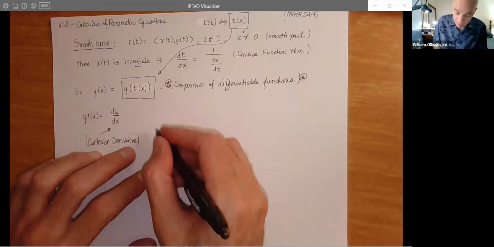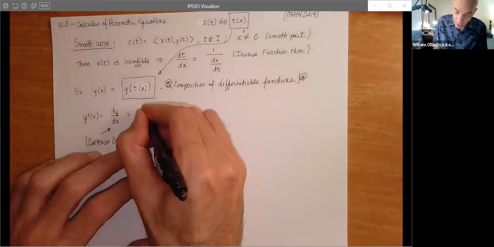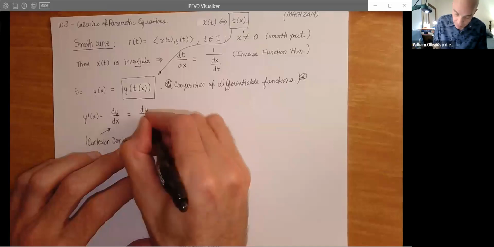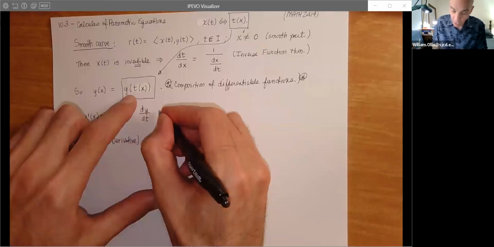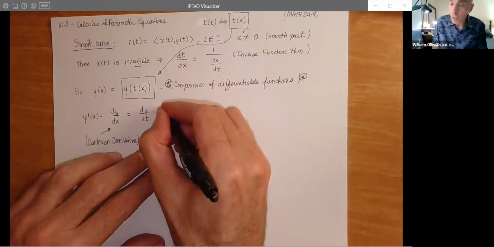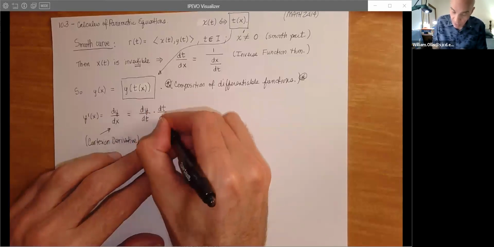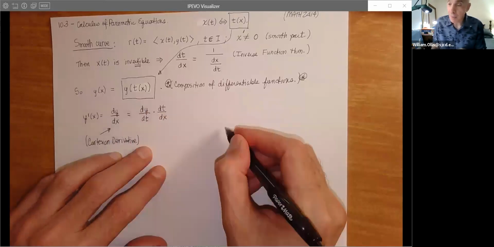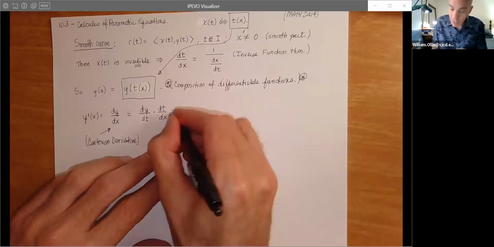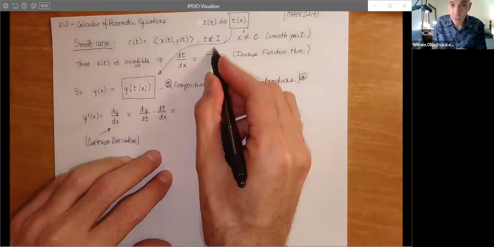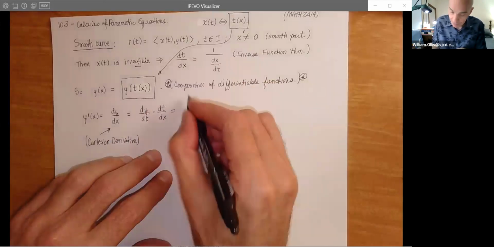And so now, using the chain rule, we'll have dy dt, the derivative of the outer, times the derivative of the inner, dt dx, by the chain rule using the Leibniz notation. And now, of course, we can use the fact that dt dx is just the reciprocal of dx dt.